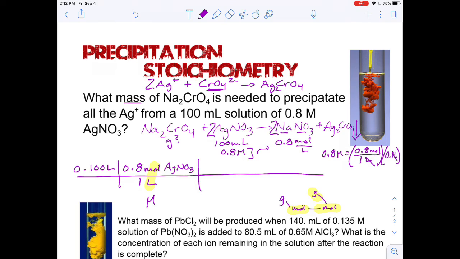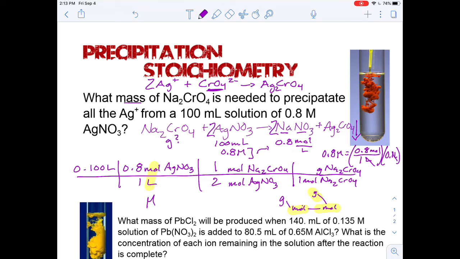Now it's all about units, you guys. Mole ratio of what I'm in, 2 moles, to what I want: I have 2 moles of silver nitrate for every 1 mole of sodium chromate. Then 1 mole of sodium chromate to the grams of sodium chromate.